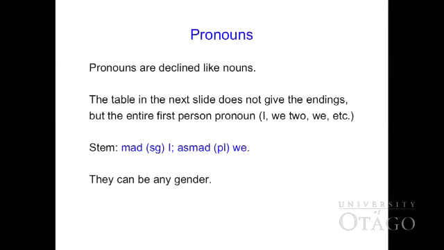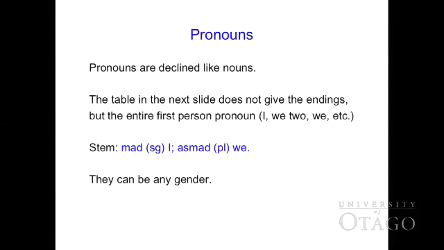Now let's see pronouns. Pronouns are declined like nouns. The table in the next slide does not give the endings, but the entire first person pronoun: I, we, two, we, all.